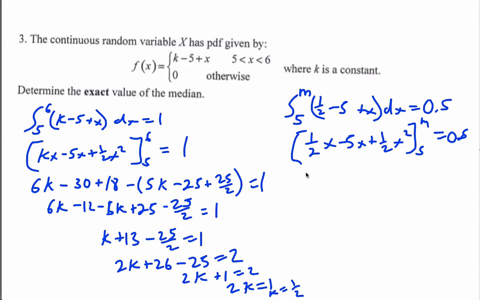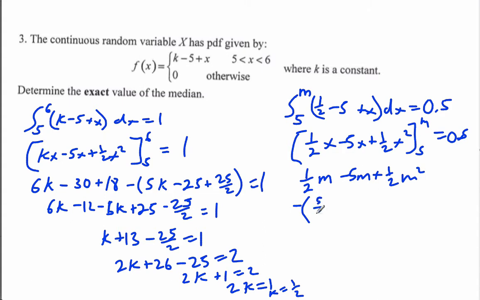And let's just plug everything in. We get half m, half m minus 5m plus half m squared minus, and we'll plug in 5.